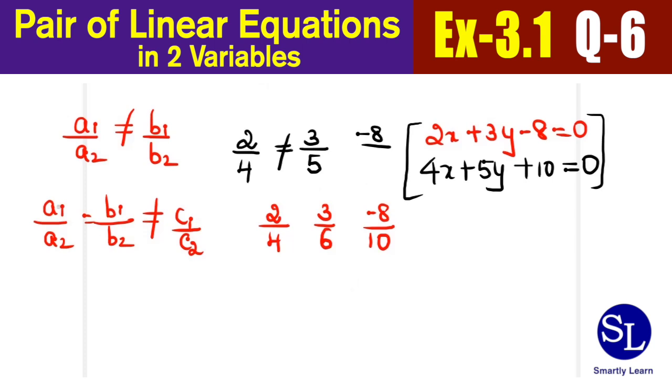So we got the condition A1 by A2 is equal to B1 by B2 is not equal to C1 by C2. So now let's write this as an equation. 4x plus 6y plus 10 is equal to 0 is a line that is going to be parallel to the given line 2x plus 3y minus 8 is equal to 0.